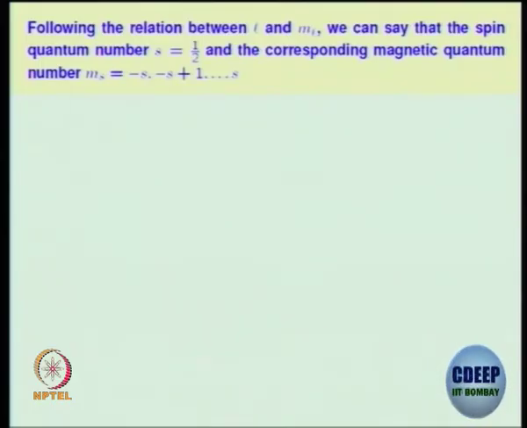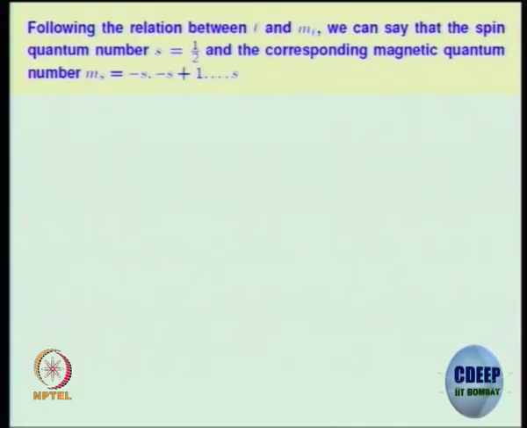It is not possible to account for L equal to 0 having two distinct lines showing up in the experiments. So, the only way out is that there is an additional quantum number, which is the spin quantum number. This is put in by hand as far as non-relativistic quantum mechanics is concerned.